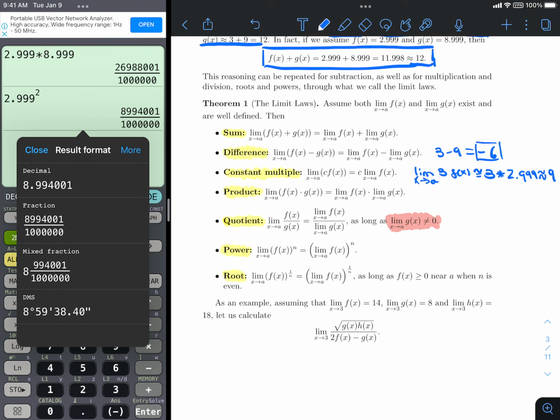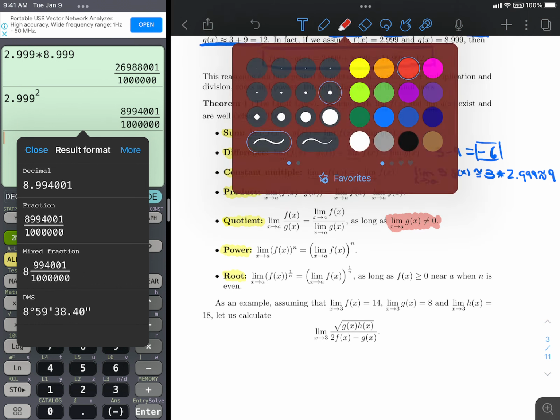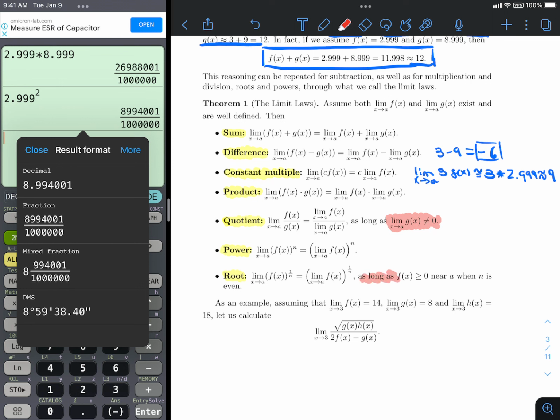For example, highlighting that in red again, you can't calculate the limit when x goes to 1 of the square root of x minus 2. That's because when x is close to 1, the inside is 1 minus 2, which is minus 1. It's negative. So you're not allowed to do that computation. This is just another thing to be careful with.